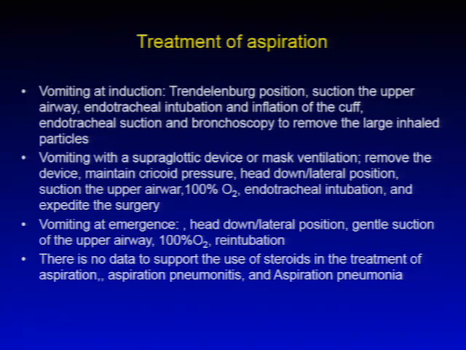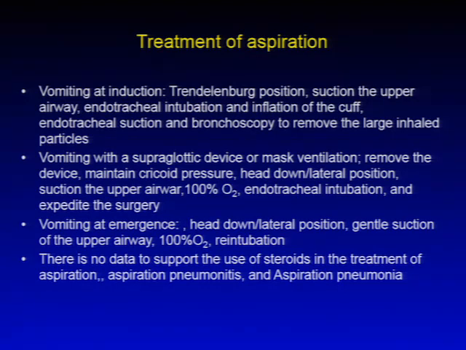If the vomiting is during mask ventilation or with a subglottic device, remove the device immediately. Maintain cricoid pressure. Place the patient in a head-down or lateral position, suction the airway with 100% O2, perform endotracheal intubation, and expedite the surgery.